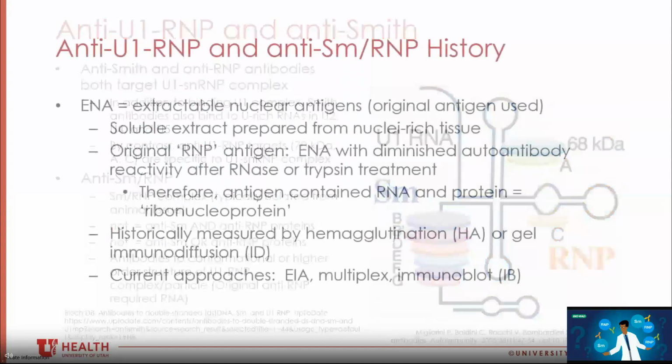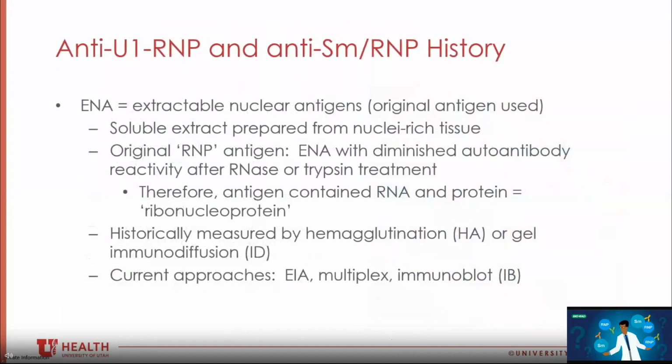Initial studies defining mixed connective tissue disease and the associated ENA U1-RNP used Ouchterlony gel immunodiffusion, counter-immunoelectrophoresis, and hemagglutination.